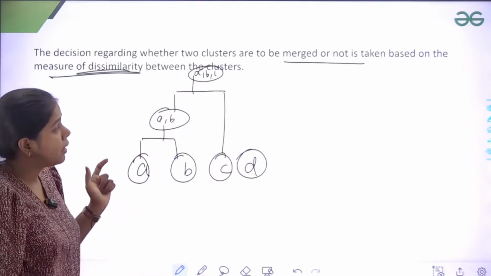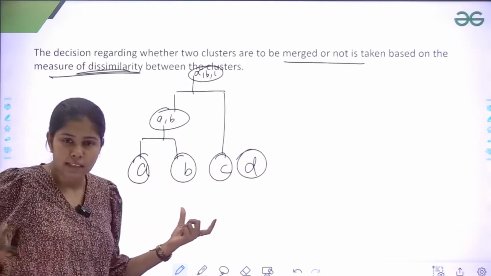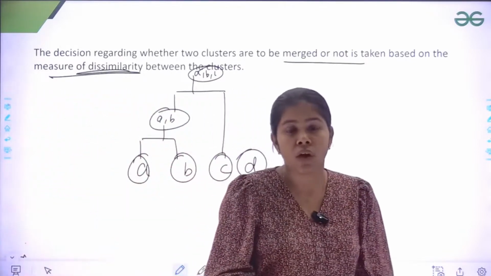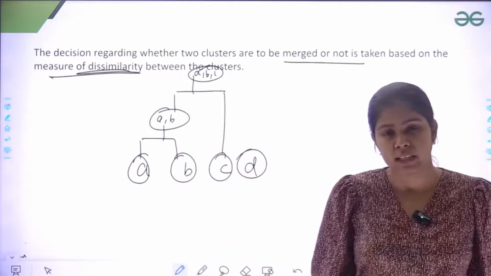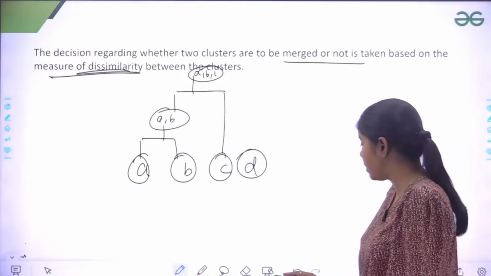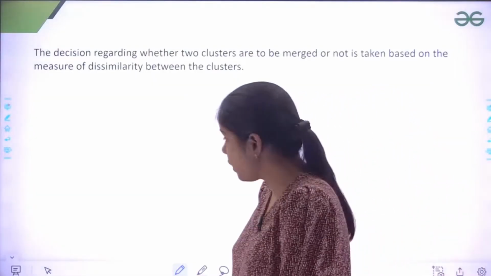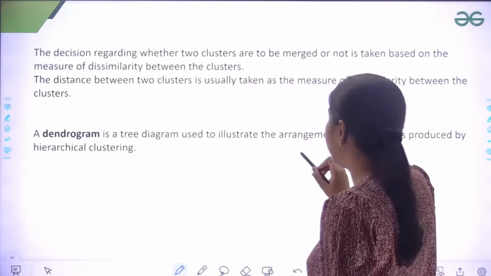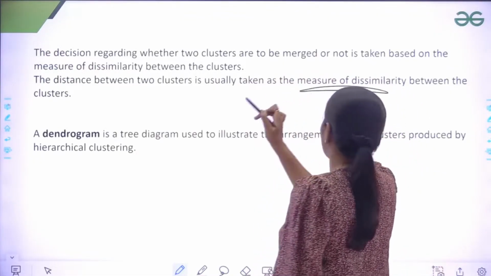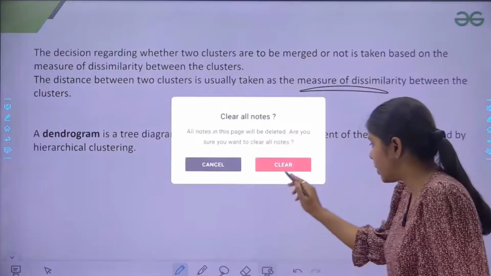Here I have taken distance into consideration as the measure; if another similarity is given to you, then I can use that. So a measure of dissimilarity is used to merge any two clusters. The distance between two clusters is usually taken as the measure of dissimilarity.